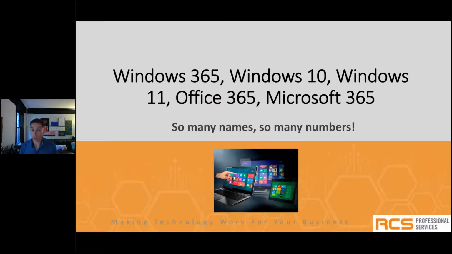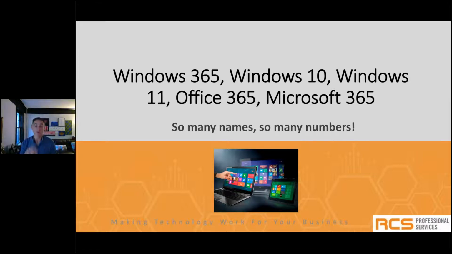Okay, so I mentioned the whole idea of, great, this is a wonderful way to mix people up by naming this Windows 365, Windows 10, Windows 11, Office 365, Microsoft 365. Microsoft's in love with their names and numbers on this one. So don't get this mixed up with, say, Windows 10 or Windows 11. Windows 10 and Windows 11 are operating systems.